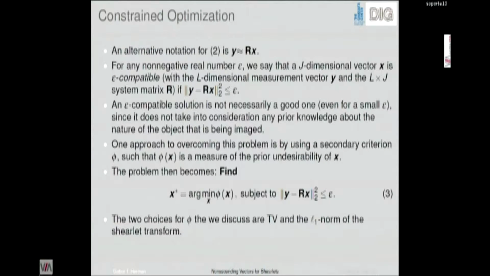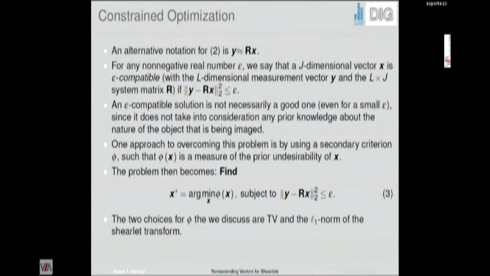One approach to overcoming the problem is to bring in a secondary criterion, phi, such that phi of x measures the prior undesirability of x. I show you something, an x, which is an image, and you look at it and you say, I don't like this image at all because it's full of salt and pepper noise. I cannot see anything in it.